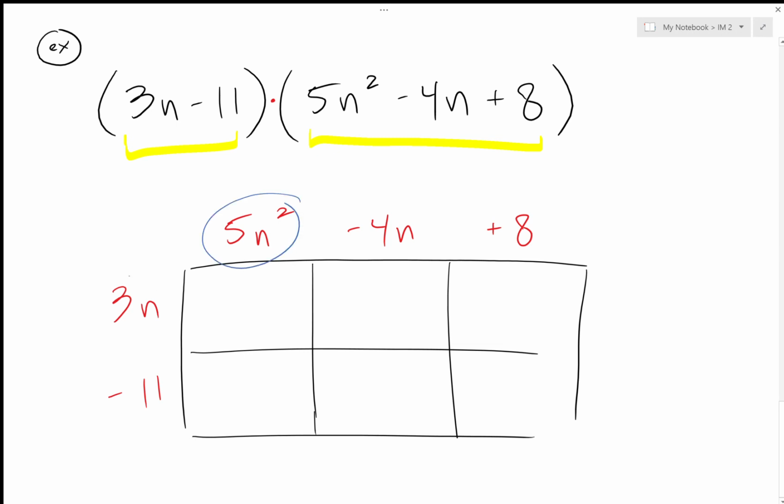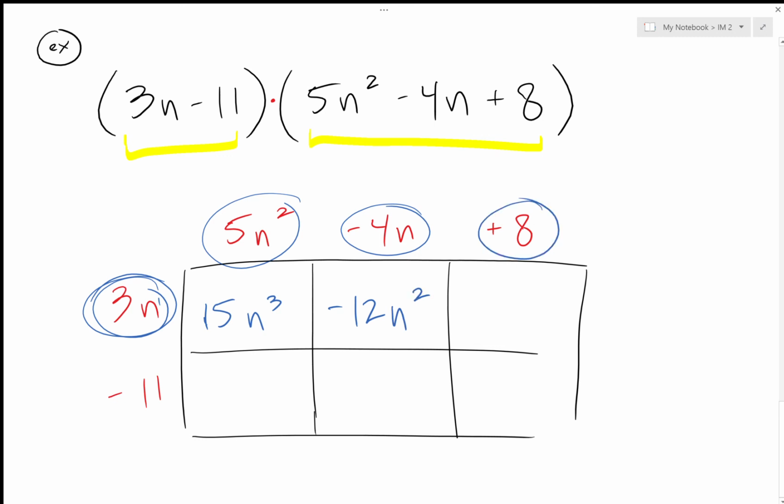So 5n squared and 3n is a 15n cubed. n1 and n2 make n3. Negative 4n and 3n make a negative 12n squared. And then 8 times that 3n gives me a 24n.